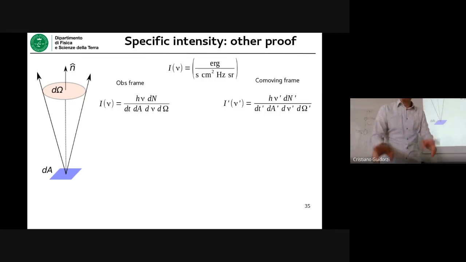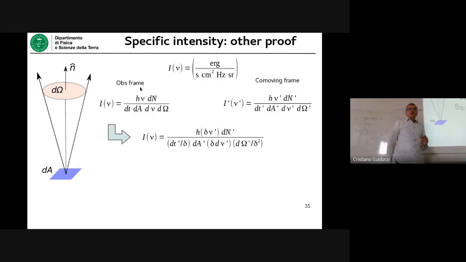Well, you can find that as soon as you know how all these individual terms change when you move from one system to the other one. So let's have a look. Let's look at the numerator. Well, you have nu, but you know that nu is just delta nu prime, the Doppler factor.